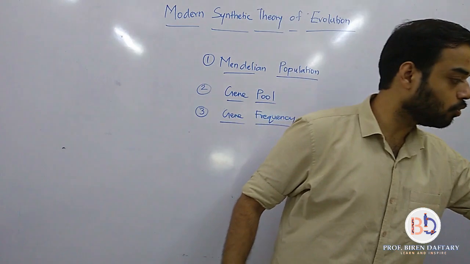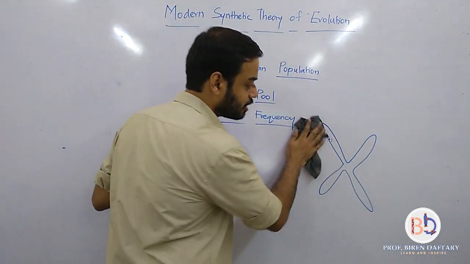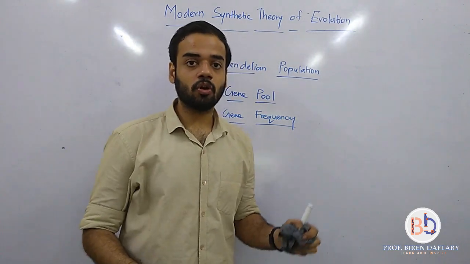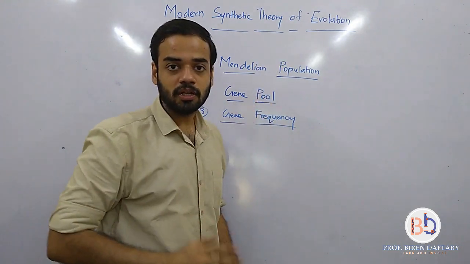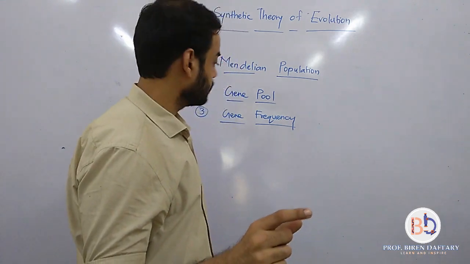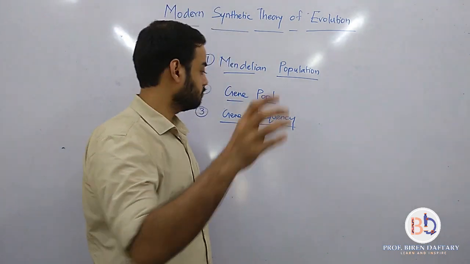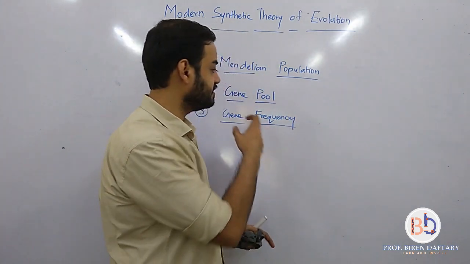A Mendelian population is a group of organisms belonging to the same species and which can interbreed. What is gene pool? The sum total of all the genes present in the Mendelian population is called the gene pool. And what is gene frequency? The proportion of one allele at a locus, when it is compared to the other genes at that locus, is called gene frequency.